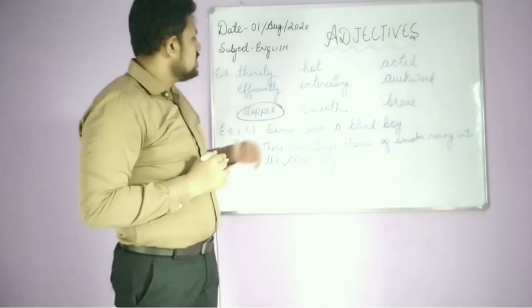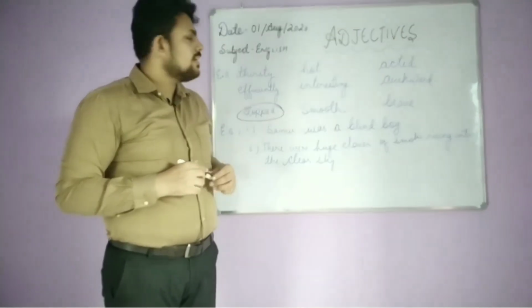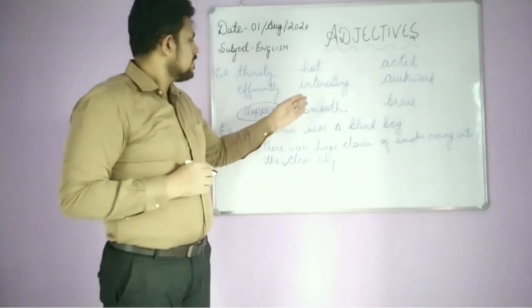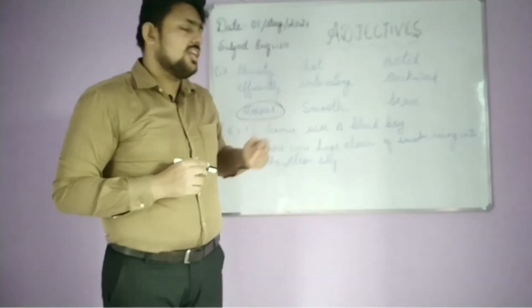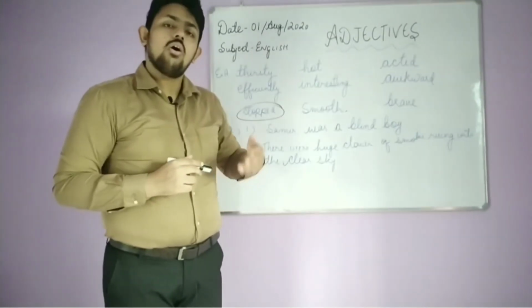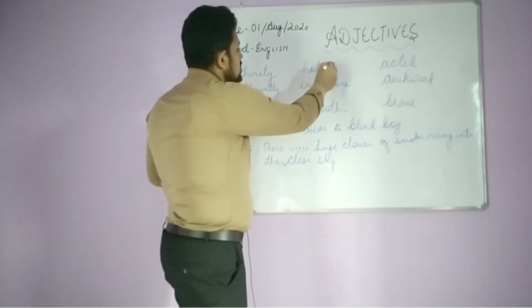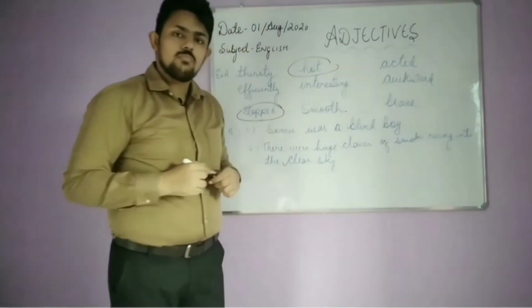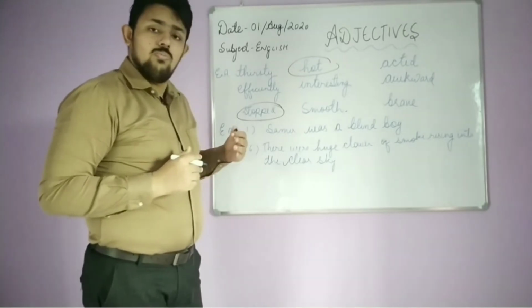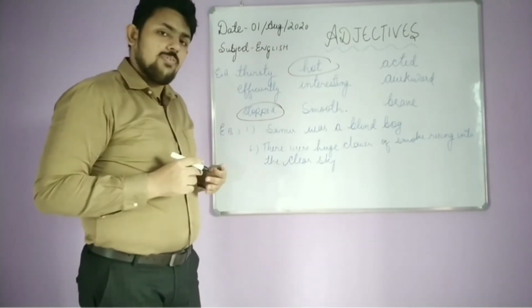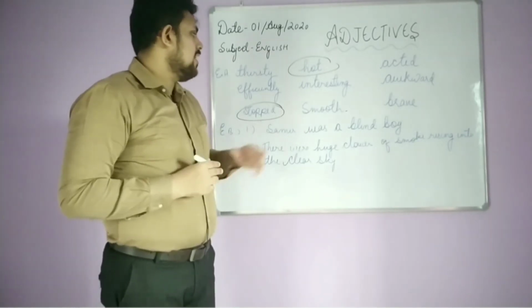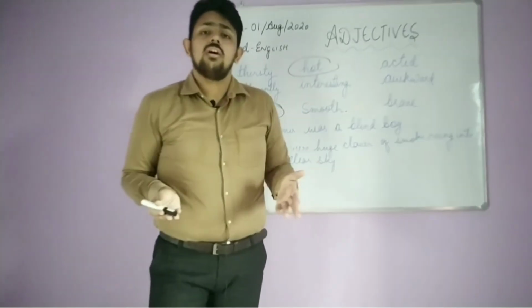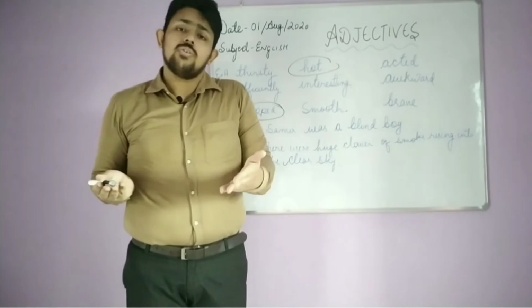Okay. Now see some other words. Hot is there, interesting is there, smooth is there. It is a very hot tea. I am drinking a hot tea. So tea is defined by hot. The noun tea is modified with the help of the adjective hot. So it is an adjective. Interesting: I am reading a very interesting book.